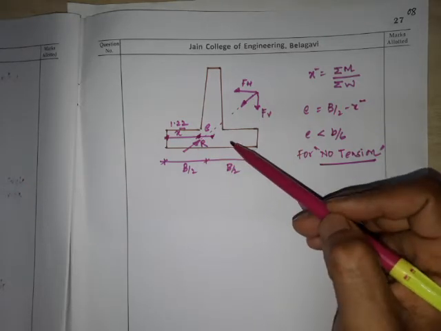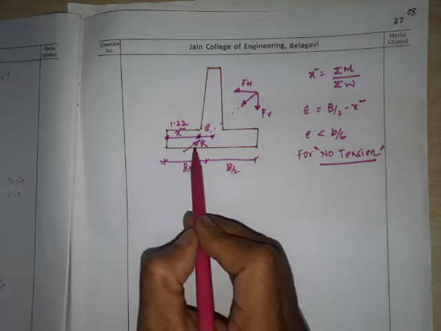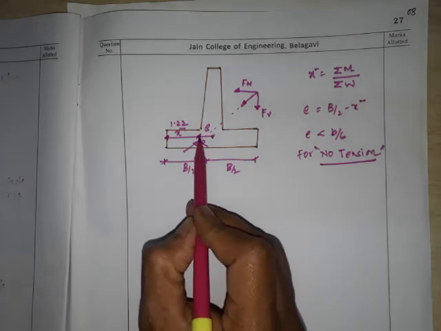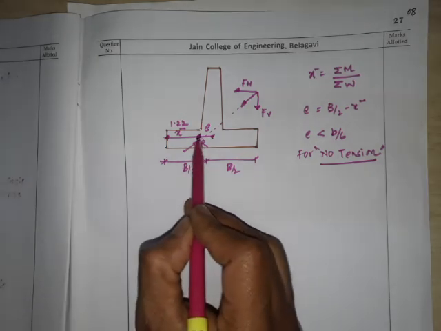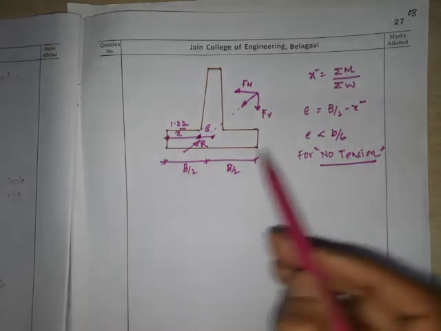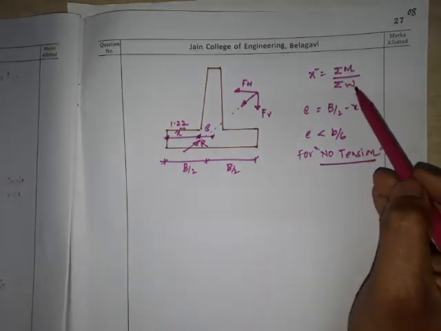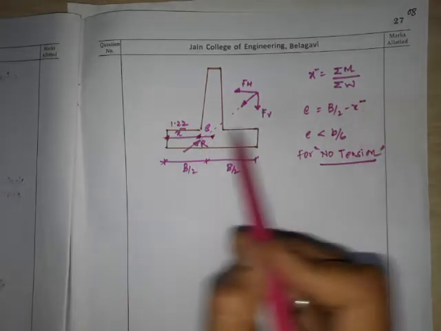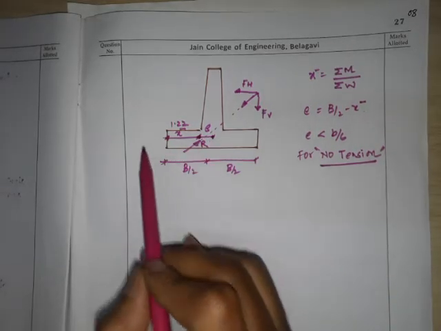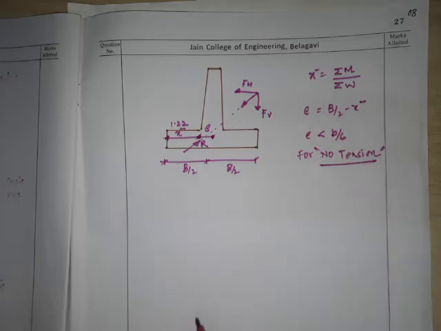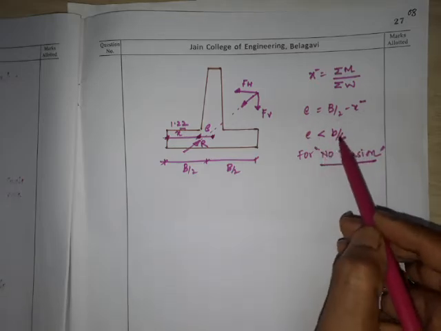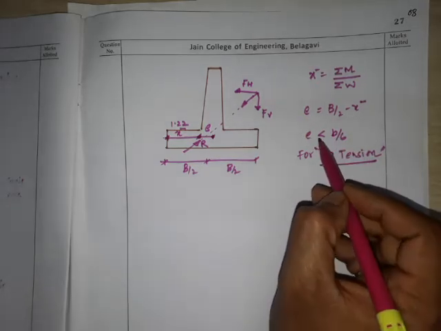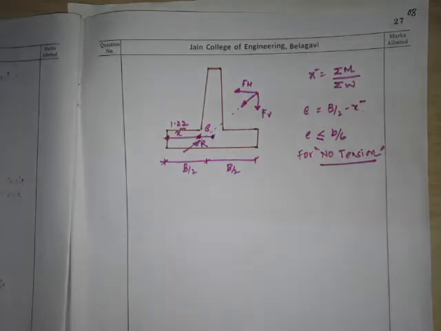You have got the location of the resultant at a distance x bar. So x bar we calculate as summation of M divided by summation of W, and E is equal to B by 2 minus x bar. So the eccentricity of the resultant should be less than or equal to B by 6 for no tension.